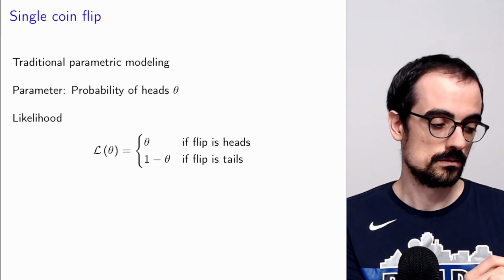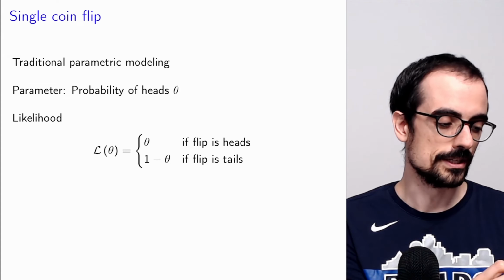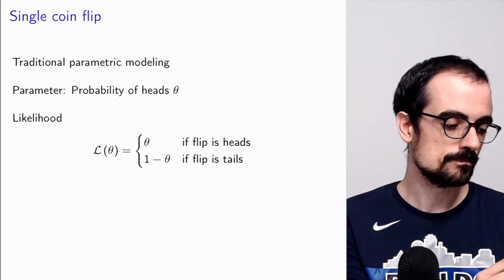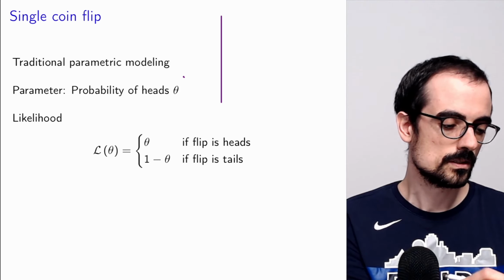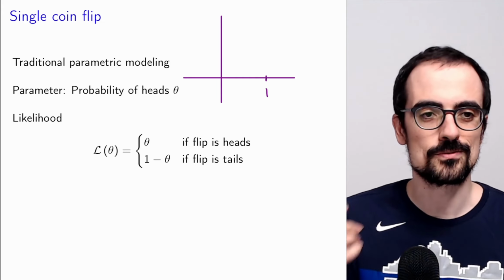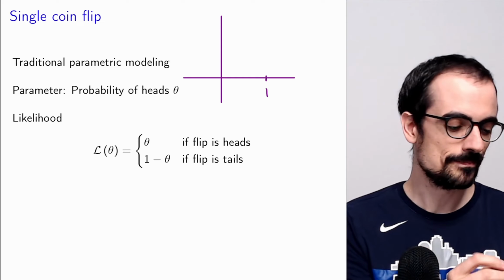Sometimes it's useful to draw the likelihood when you're trying to maximize it. So let me do that up here. The parameter lives between 0 and 1, those are the reasonable values for our parameter because it represents a probability.